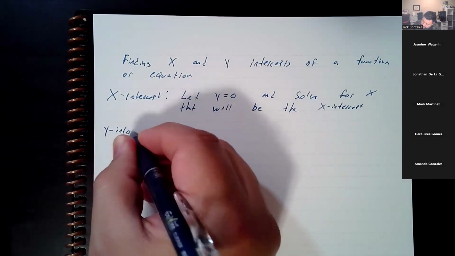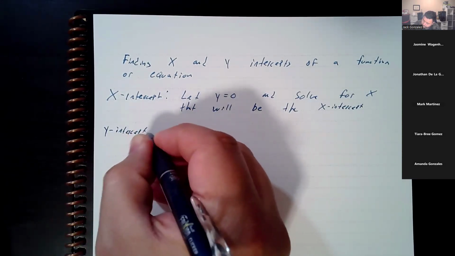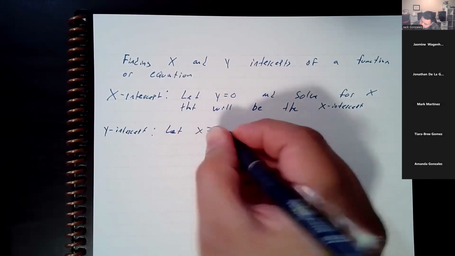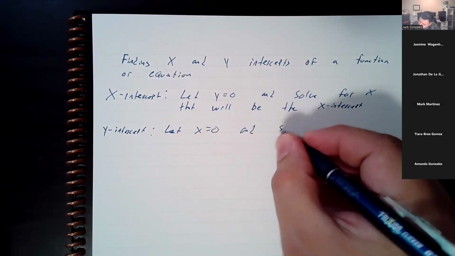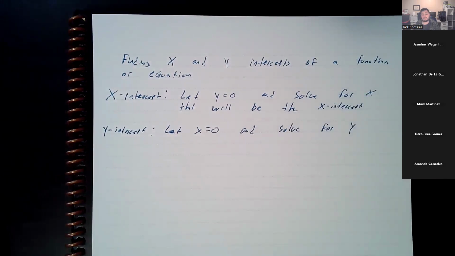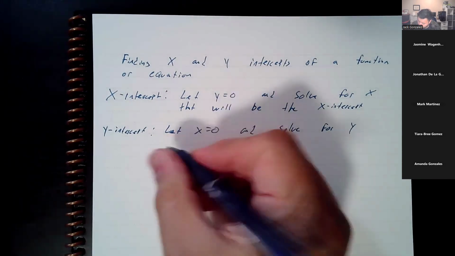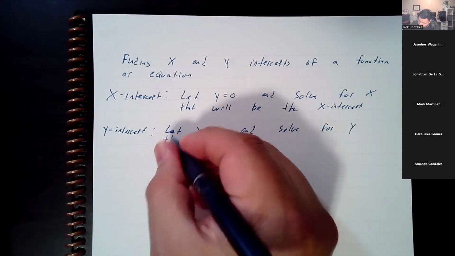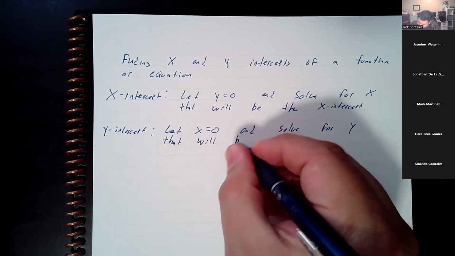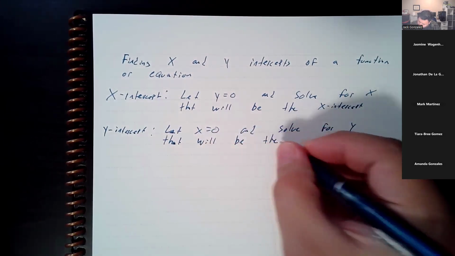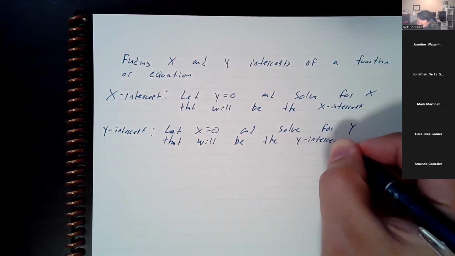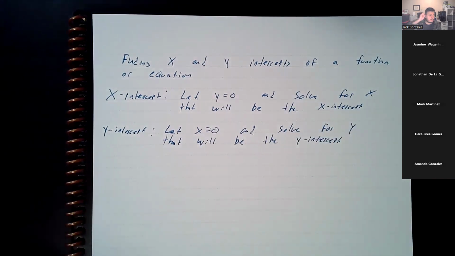For the y-intercept, you do the opposite. Let x equal 0 and solve for y. That will be the y-intercept. And that'll be it for 2.1.